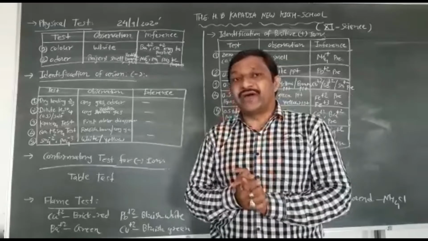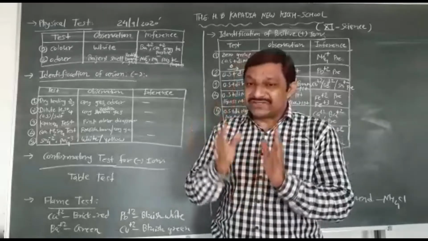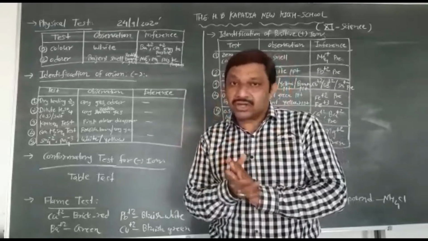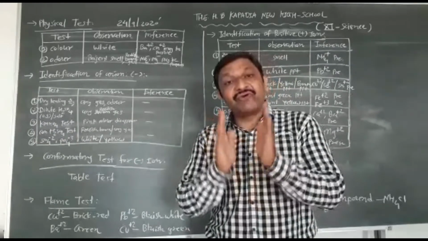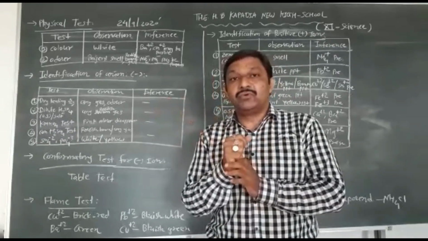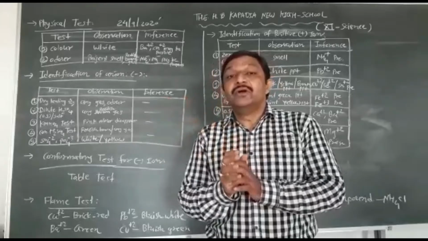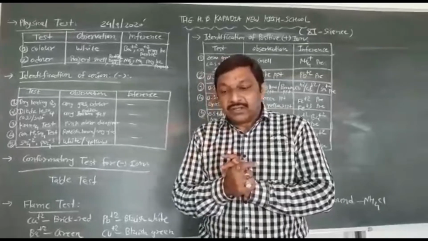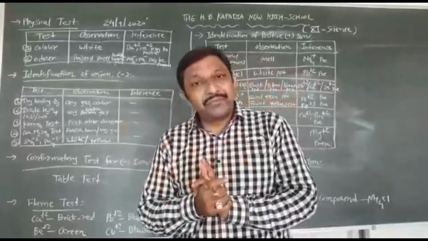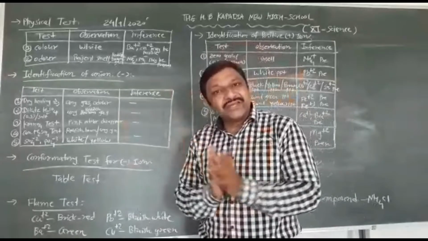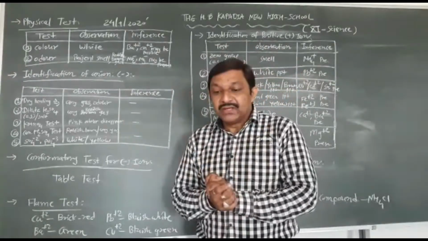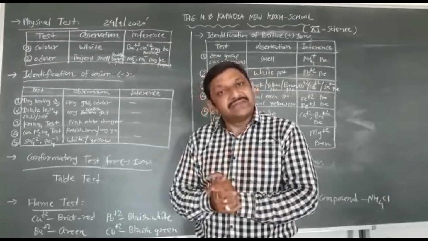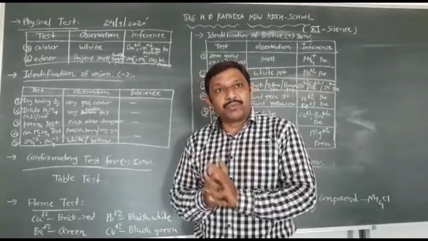You have to find out what is positive and what is negative in your unknown compound, and what the name of your unknown compound, salt or solution is. There are different methods to find out the positive ion and negative ion. First we will discuss the negative ion, then the positive ion.